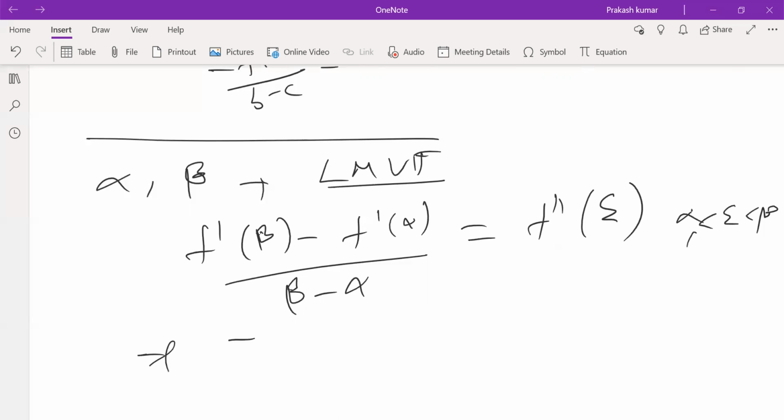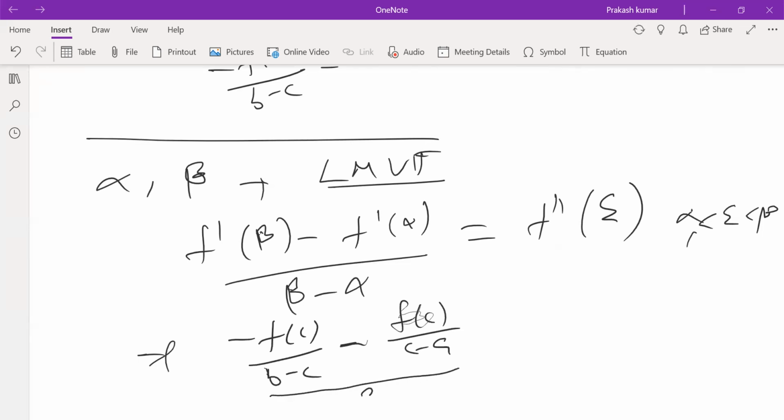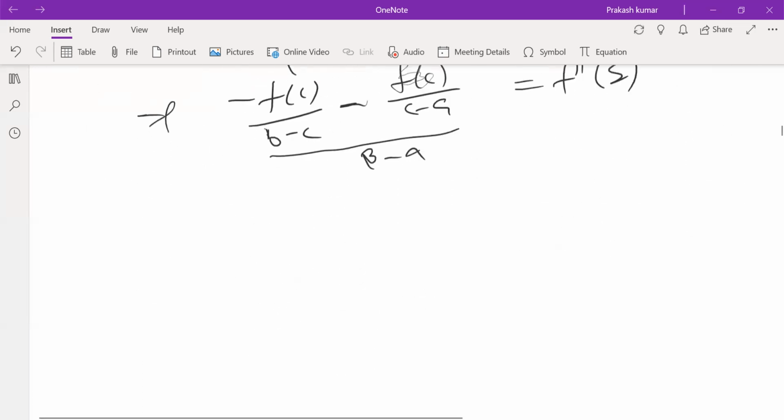Now putting the values of f dash alpha and f dash beta. What was the f dash beta? Minus of f(c) upon b minus c, minus of f(c) upon c minus a, upon beta minus alpha is equal to f double dash eta. I think this will work.